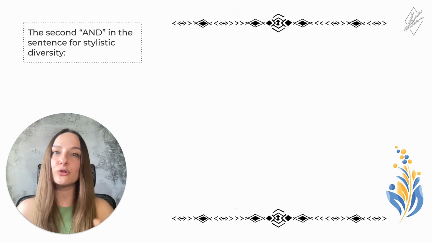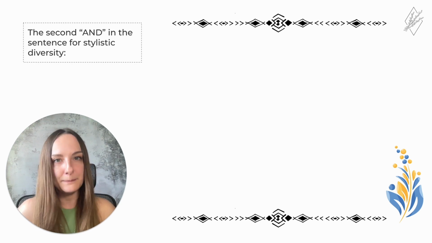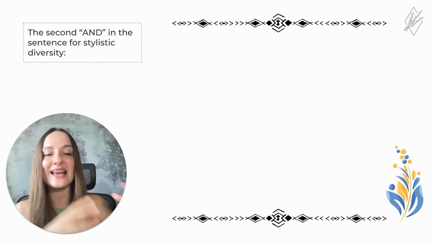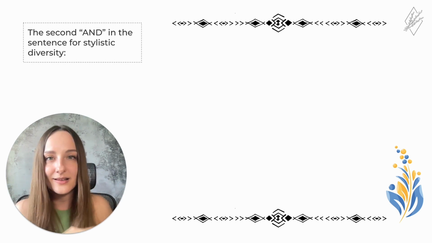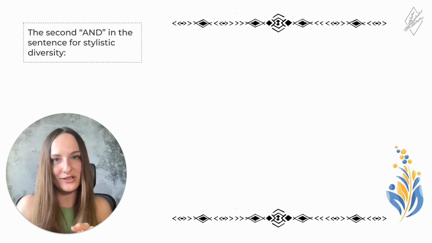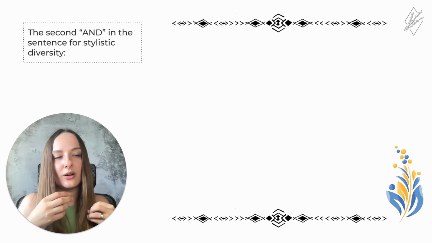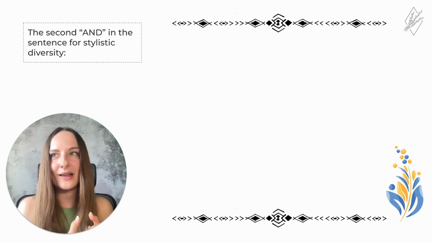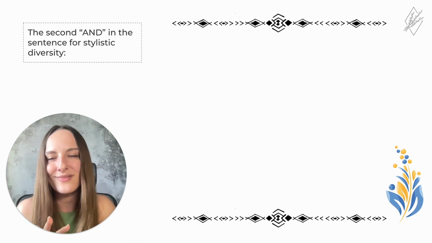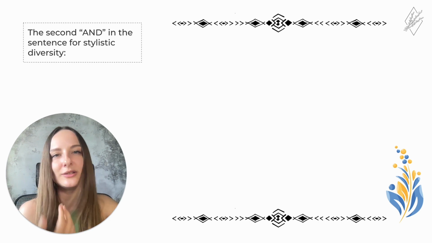Normally, according to the rules, we use та when we have the second and in the sentence or in the phrase, just for stylistic diversity. So in order for the language to sound more rich, less the same, we use additional та.